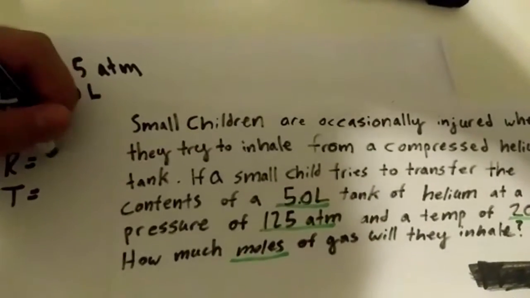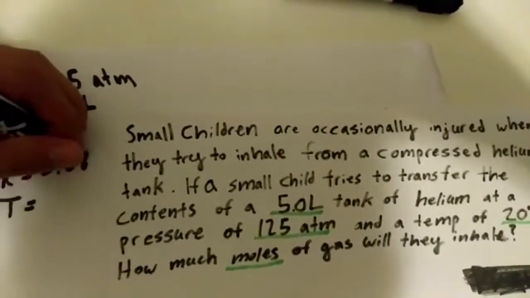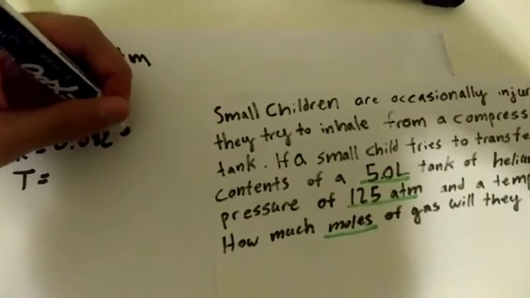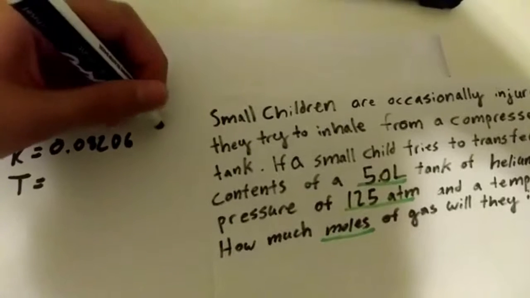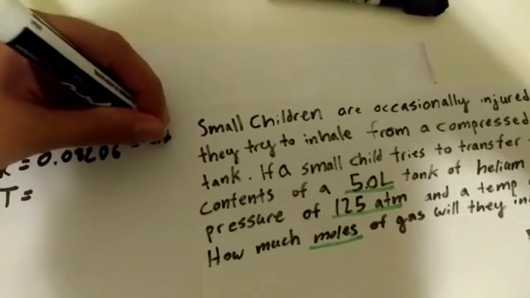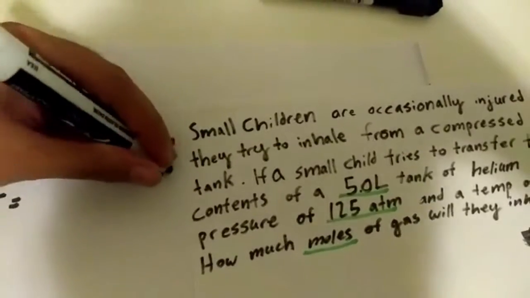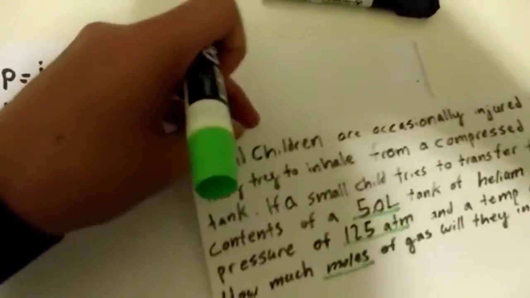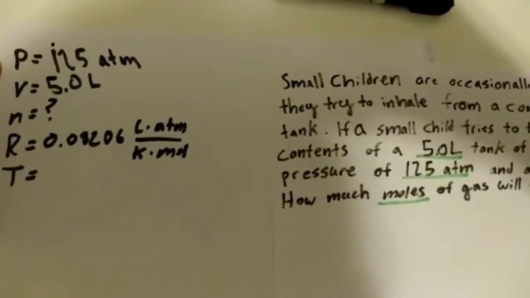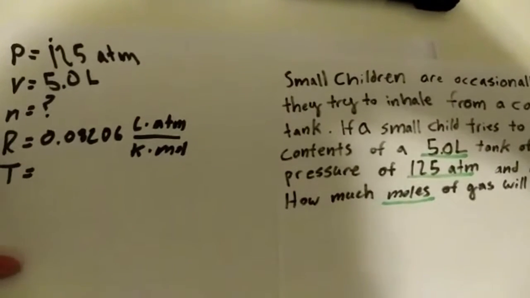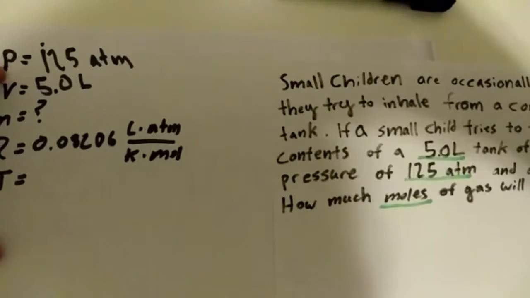R, the universal constant, 0.08206 liters times atm. Now, these units might seem confusing now, but they're going to help us cancel out all the other units for our answer to make sense.